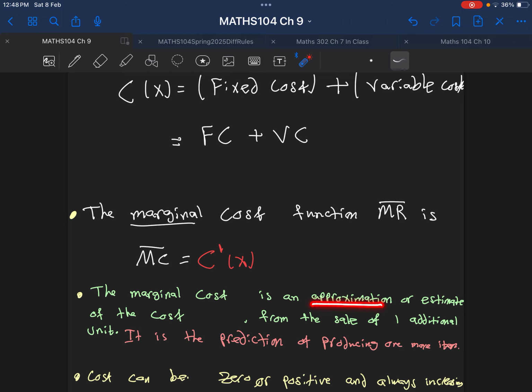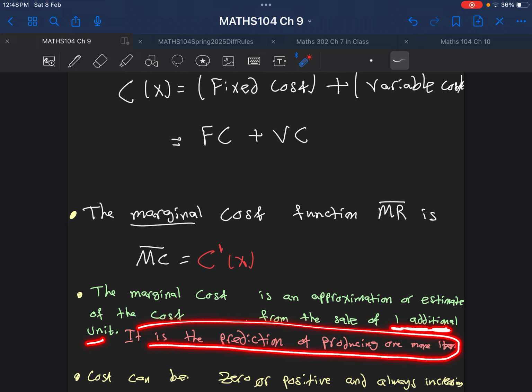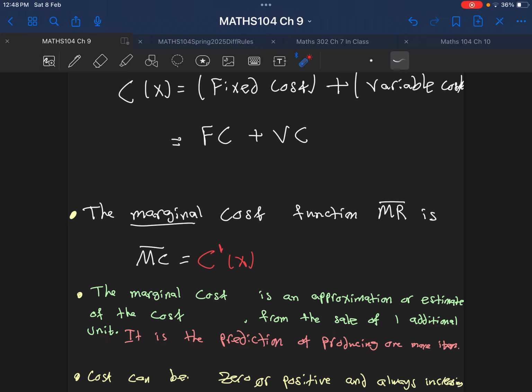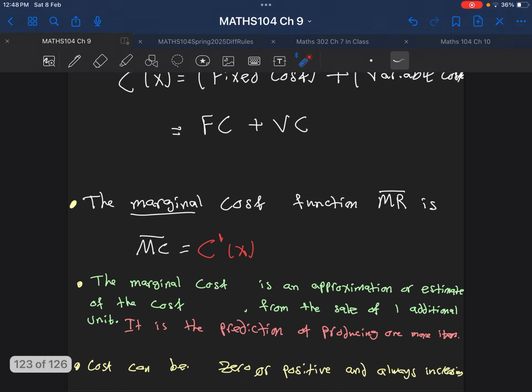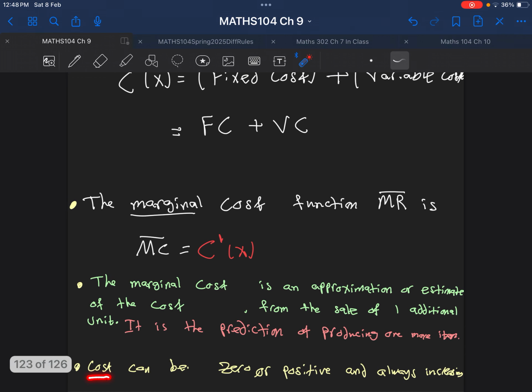Now, the marginal cost, again, is an approximation or estimate of the cost from the sale of one additional unit. It is the production: what will happen if we sell an extra unit, how much my cost will go up or will go down. Now, of course, for the cost, it can be zero, it can be positive, and it can be negative.